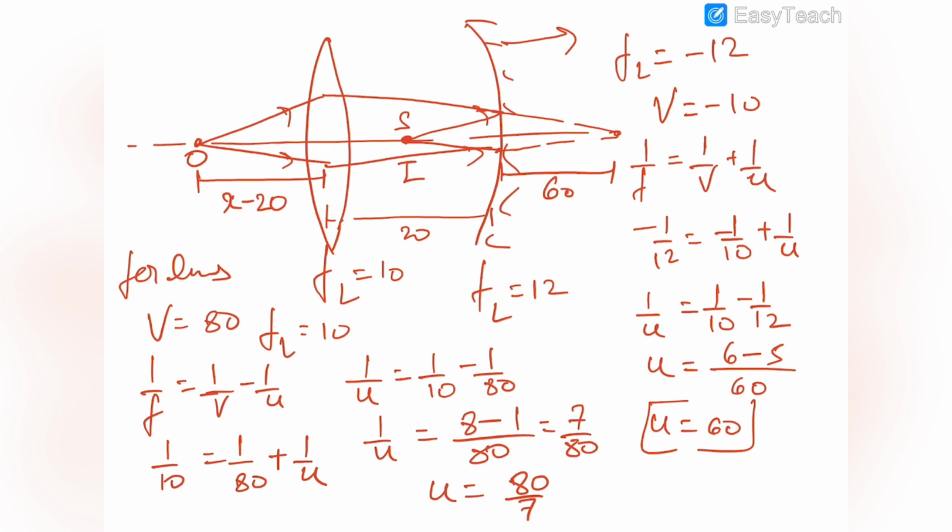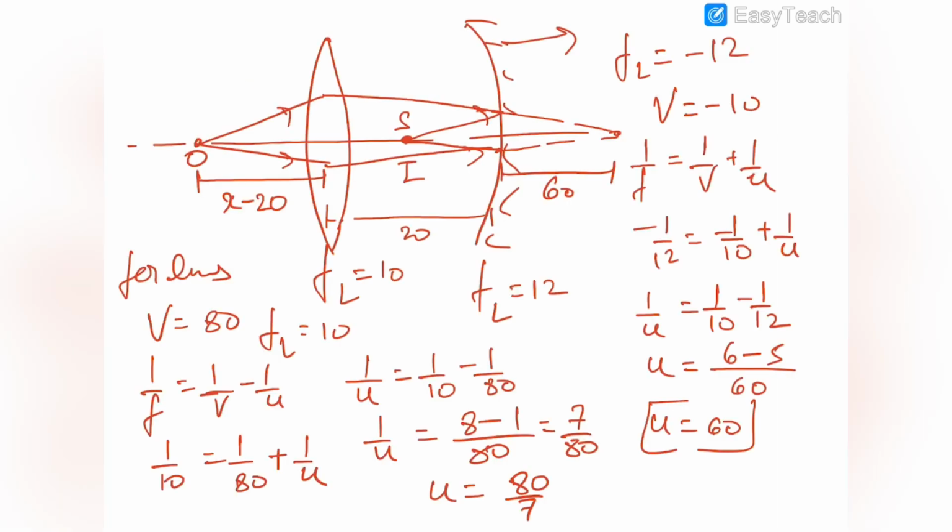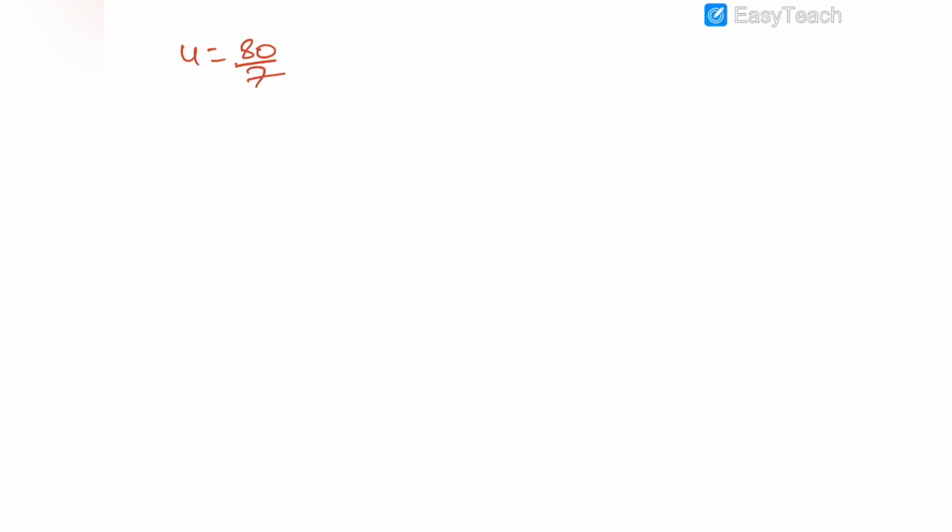Now if u is 80 by 7, then 80 by 7 would be equal to x minus 20. So x would be equal to 80 by 7 plus 20.